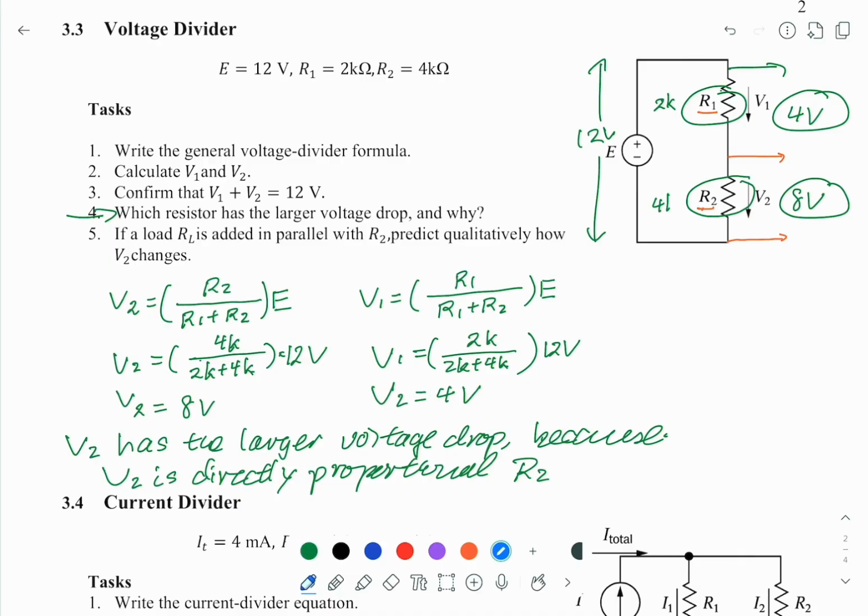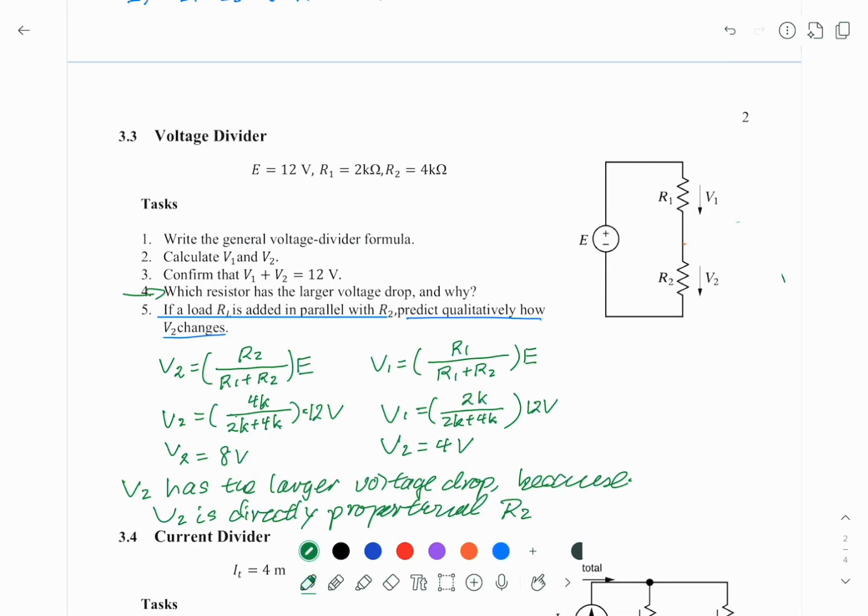5. If a load RL is added in parallel with R2, predict qualitatively how V2 changes. It will reduce. So let's look at this again. This is 12 volt. Now this is 2K ohm, and this is 4K ohm.